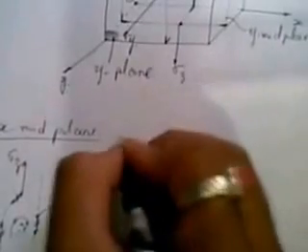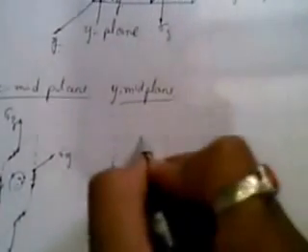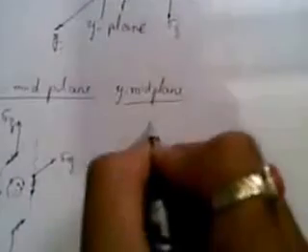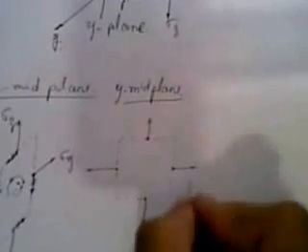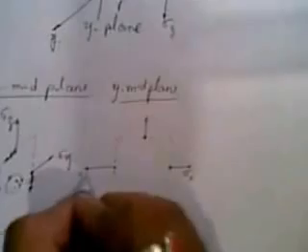Now we consider the y mid plane, which is a square here. The points where the stresses are acting are these. This will be sigma x, sigma z, and sigma z.